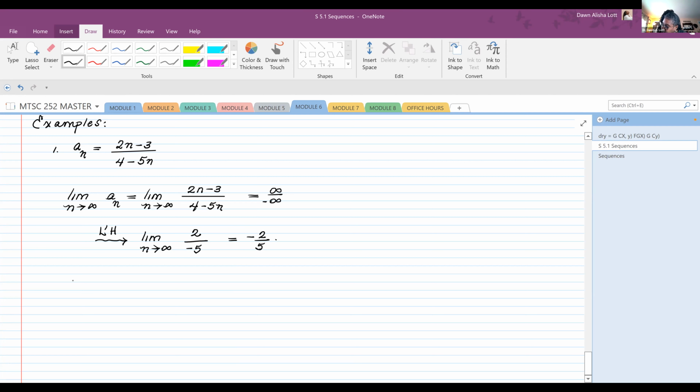Okay, so hence the sequence a_n, n equals 1 to infinity, converges to our limit L, which is -2/5.